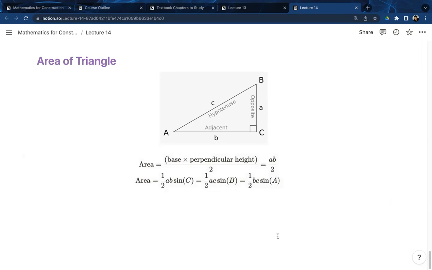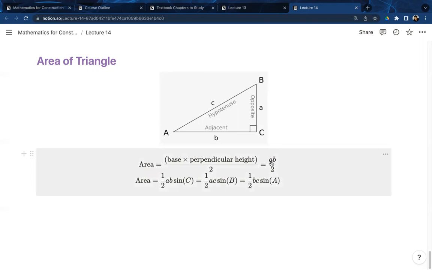That's the pattern, and remember in this diagram here, C sine A, C multiplied by the sine of A, is A, you know. That's the perpendicular height. And then you just multiply A by B divided by 2.